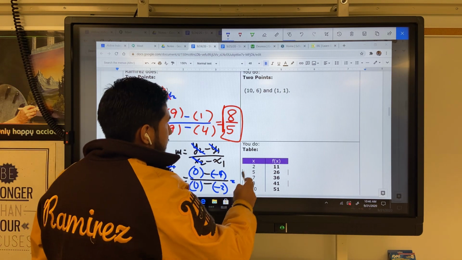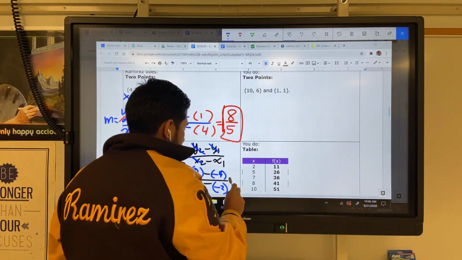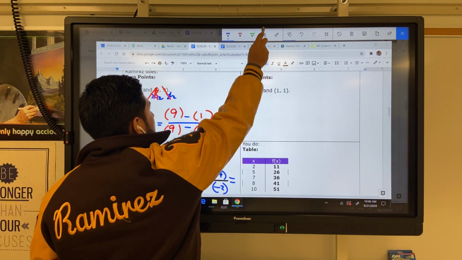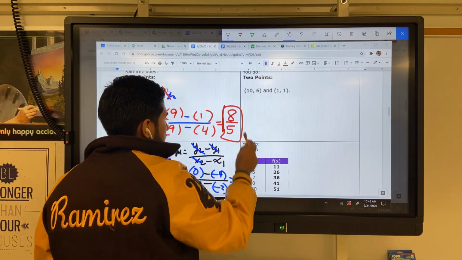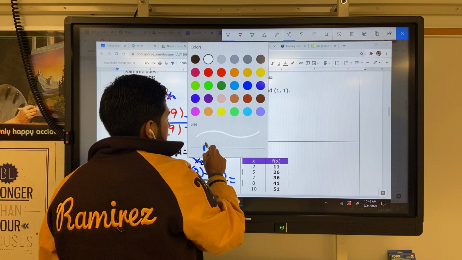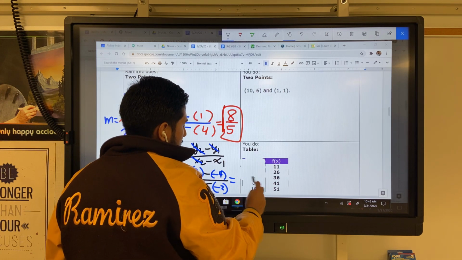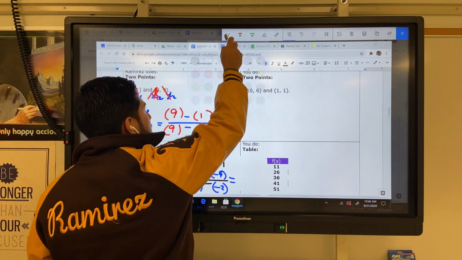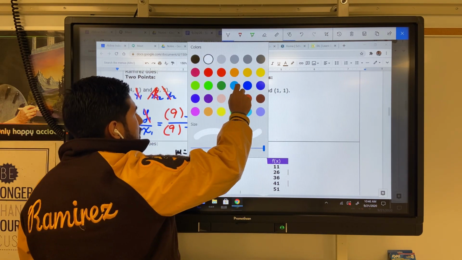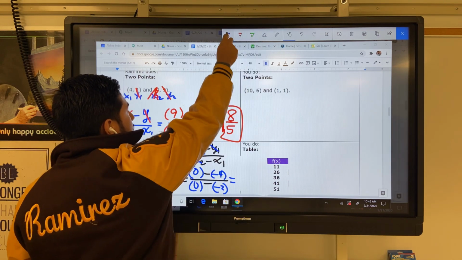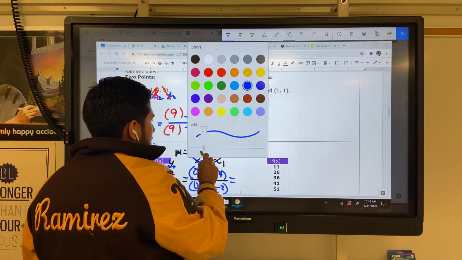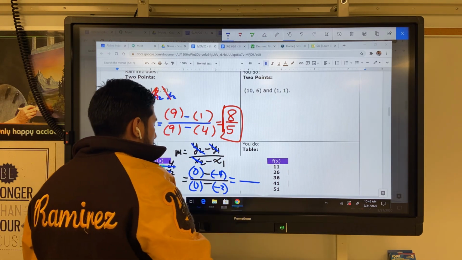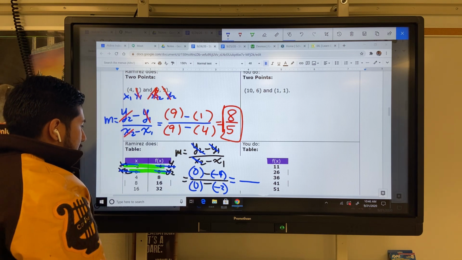Calculator, please, ladies and gentlemen. Hold on, let me erase this real quick because it's in my way. I'll give you the answers for your problems right now to make sure you're doing it correctly. Make sure you put this in the calculator correctly.